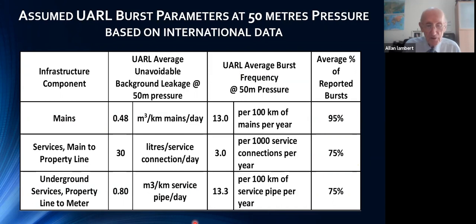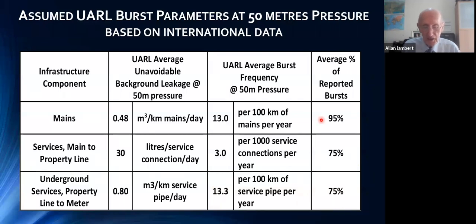This graph, or this table, I should say, just shows the assumptions which we used to calculate the coefficients in the 1999 UARL equation for unavoidable background leakage. That's the second large column. And the average burst frequencies that we use in the UARL at 50 meters pressure for the different components of infrastructure.